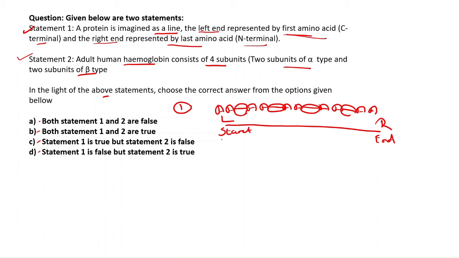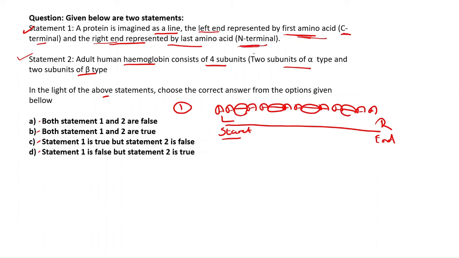Yes, because this is the start point. It is represented by the first amino acid, and the right side is the end side, represented by the last amino acid. So the main thing is that the first amino acid is mentioned as C terminal, and the last amino acid is mentioned as N terminal.